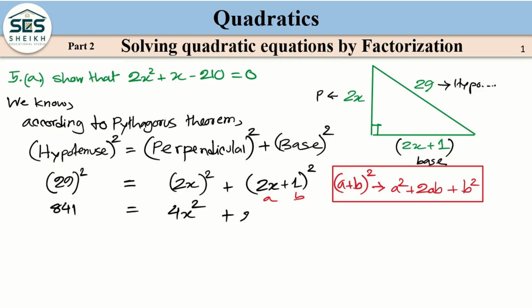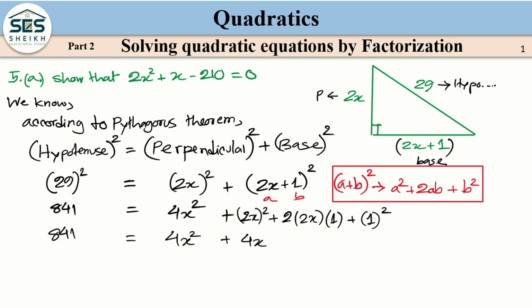So if you write, that is 2x squared plus 2ab plus b squared, then we have 841 equals 4x squared plus 4x squared plus 2 times 2 is 4, and here we have x times 1 is x plus 1 squared is 1.